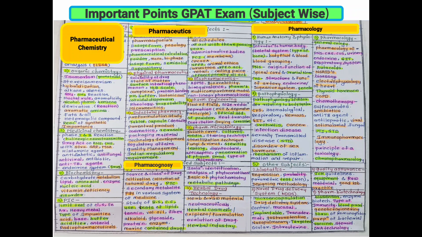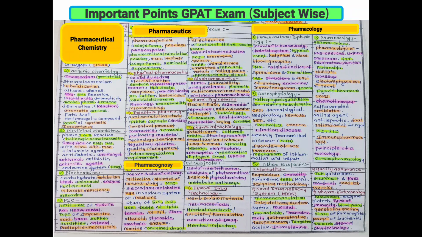Study of biological source, chemical constituent, use, test of lipid, tannins, volatile oils, fibers, alkaloids, glycoside, proteins, enzyme, marine drugs. So you have to just prepare charts of biological source, chemical constituents, use of those drugs, as well as identification test of glycoside, identification test of alkaloids, etc. So that is easy to remember.